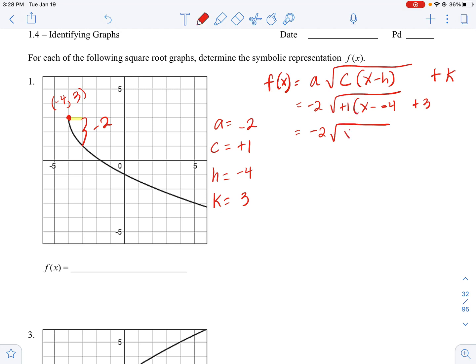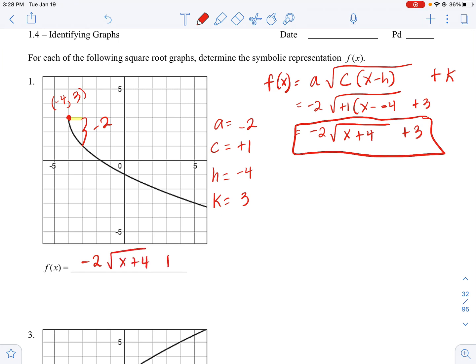So I'll just put x. And of course, a negative and a negative will give you a positive 4. And this is our final answer. So this is f of x equals -2 square root of x plus 4, plus 3.